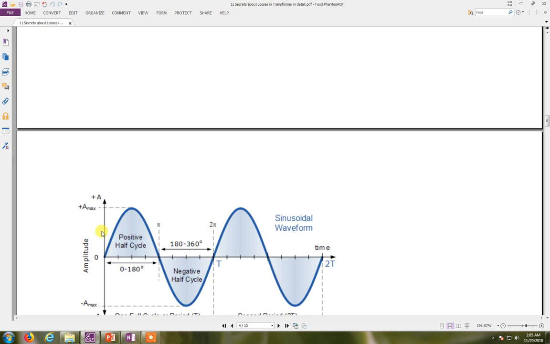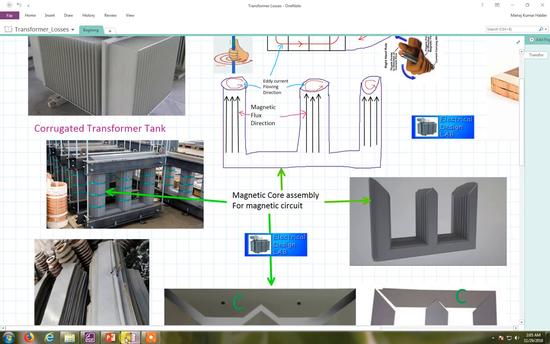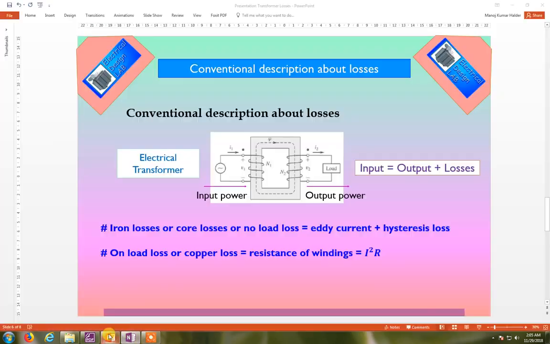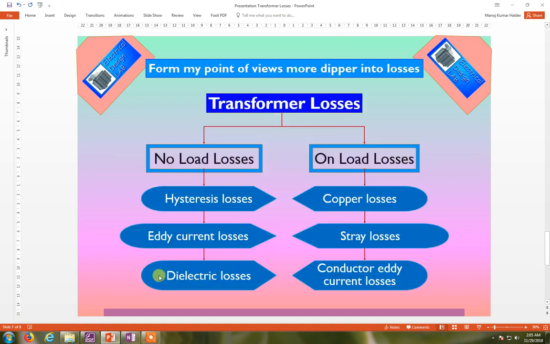The dielectric polarity is reversed, positive negative to negative positive. So this power is not used, we do not get this power in the output, it is fully lost. So this is called the dielectric losses.